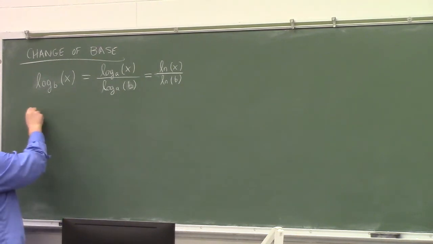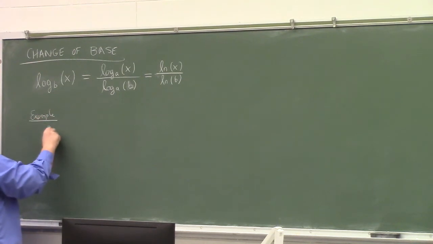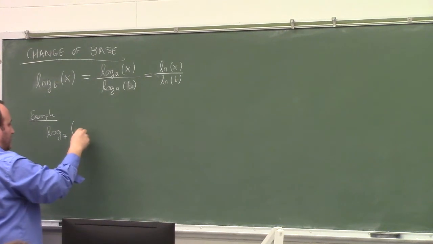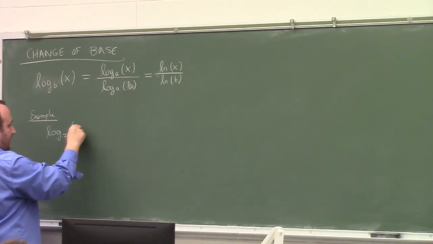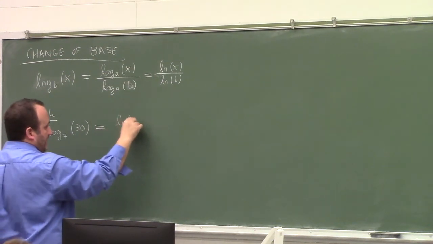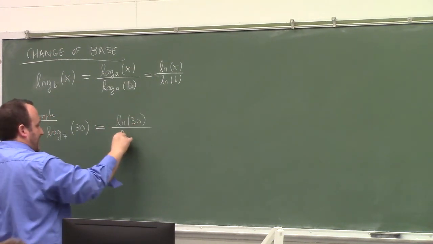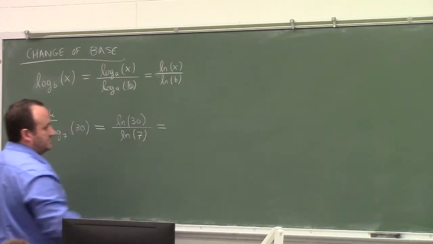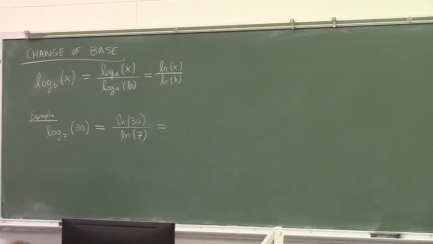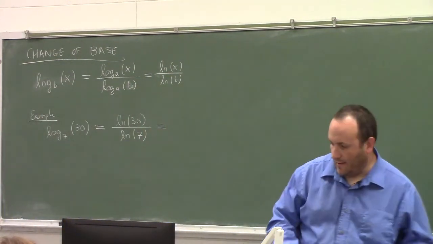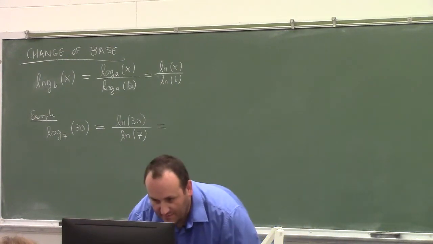So, for example, if I wanted to calculate log base 7 of 30, I could calculate it by taking the natural log of 30 and dividing by the natural log of 7.